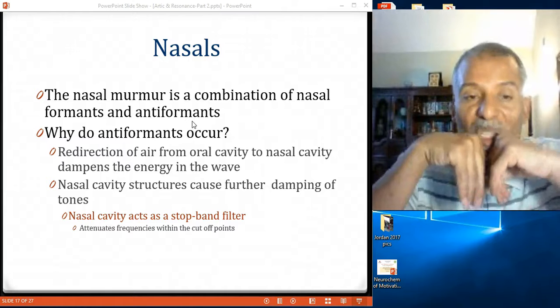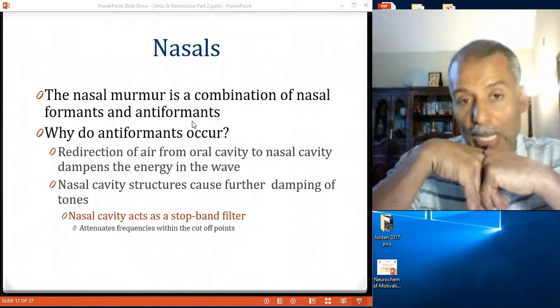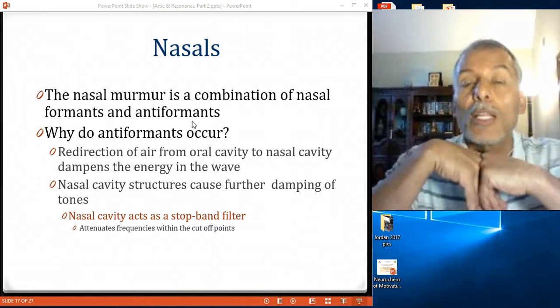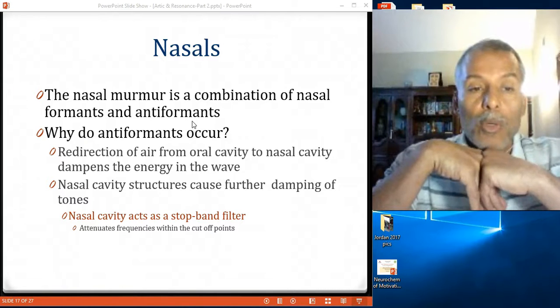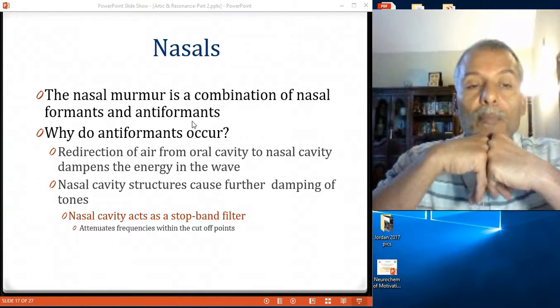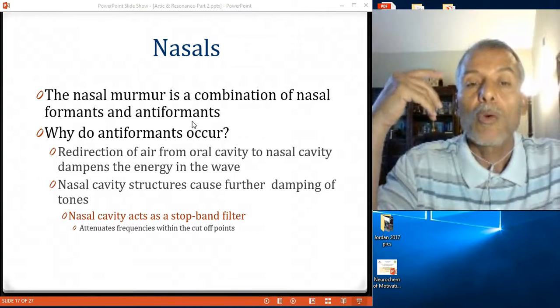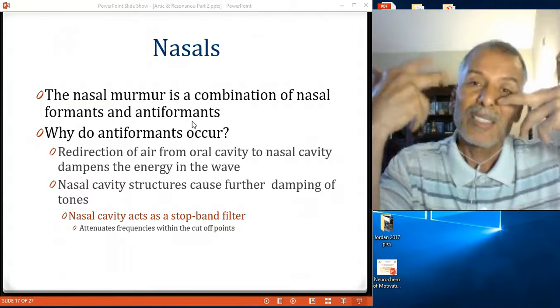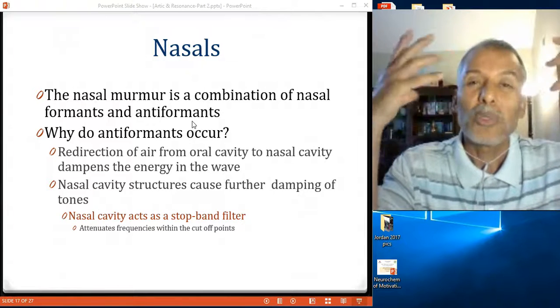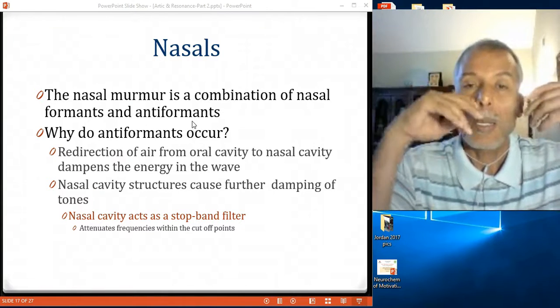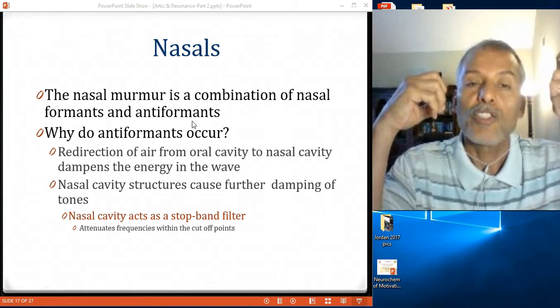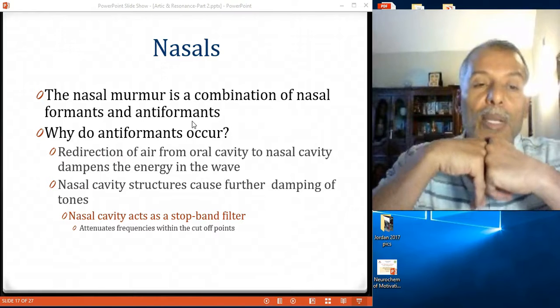So that redirection of the air from the oral cavity to the nasal cavity dampens, it weakens the energy and the wave. The second reason is that the nasal cavity structures by nature cause further dampening of the tones. The nasal conchae, these shelves and mucus and different things that are in the nasal cavity, are going to absorb some of the sound energy, thus causing more damping.